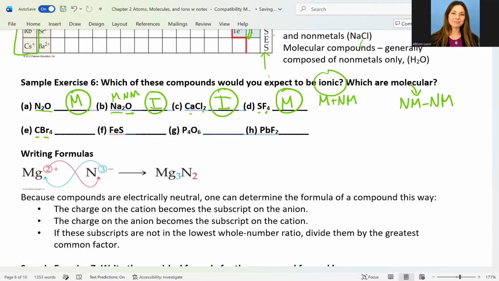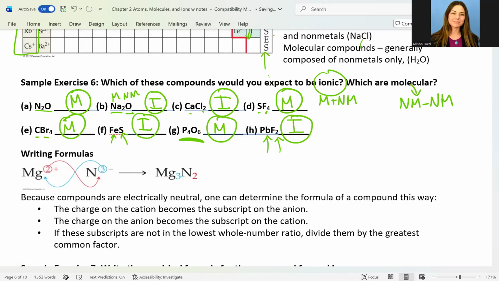When they combine, we're going to get a molecular compound because they're all nonmetals. Then we have iron, which is a metal, and sulfur, so iron sulfide here is ionic. Next, we have all nonmetals again, phosphorus and oxygen, so a molecular compound. And last, we have lead, which is a metal, and fluorine, a nonmetal. So you may have guessed, we have another ionic compound.